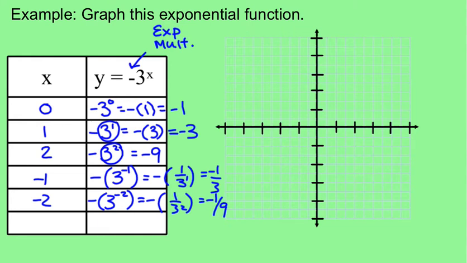All right, let's go out and graph these. X-axis, y-axis. First ordered pair is over 0, down 1. Next one, over 1, down 3. Next one is over 2, down 9.